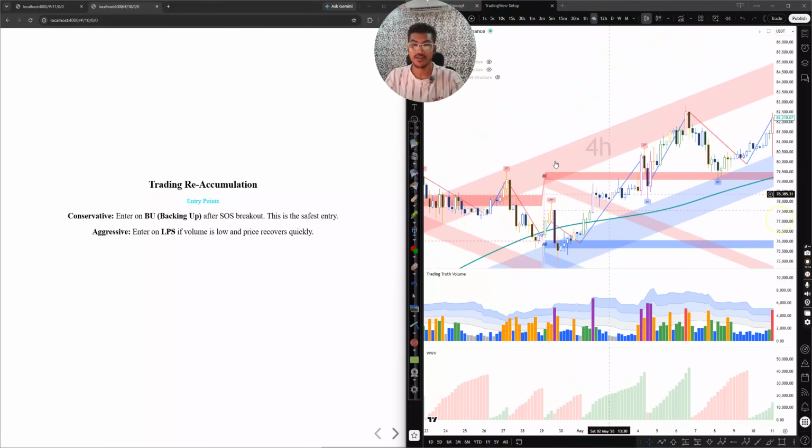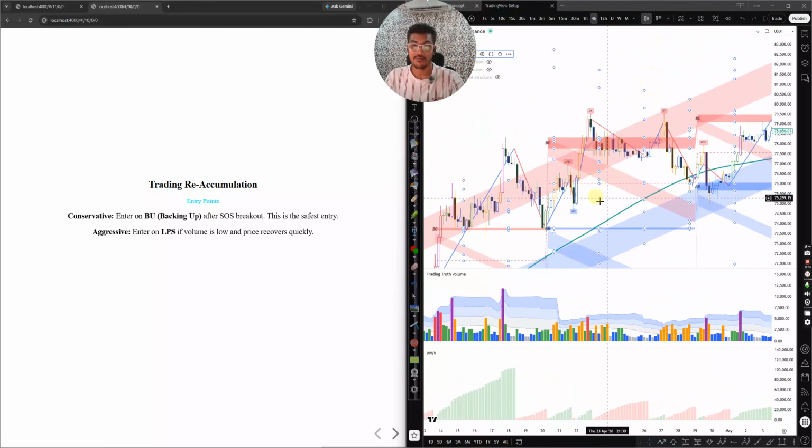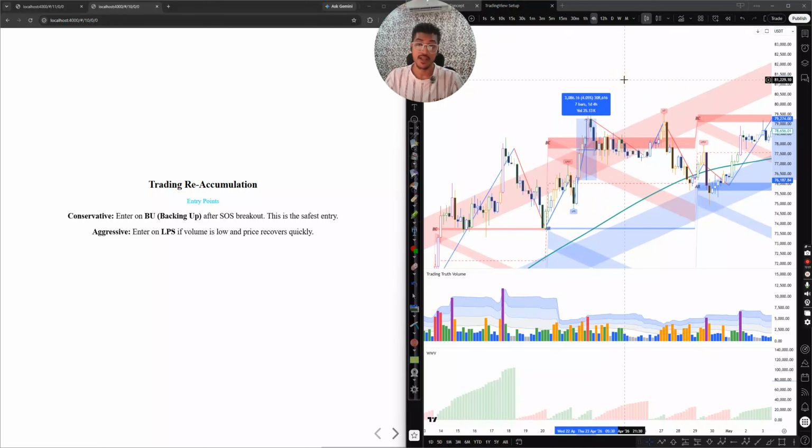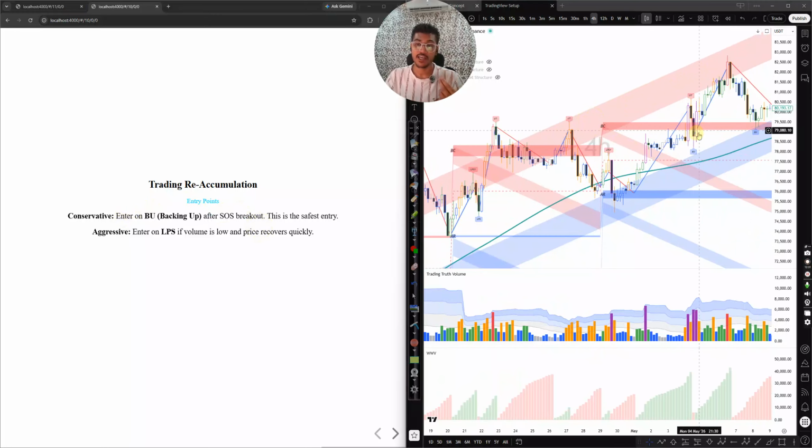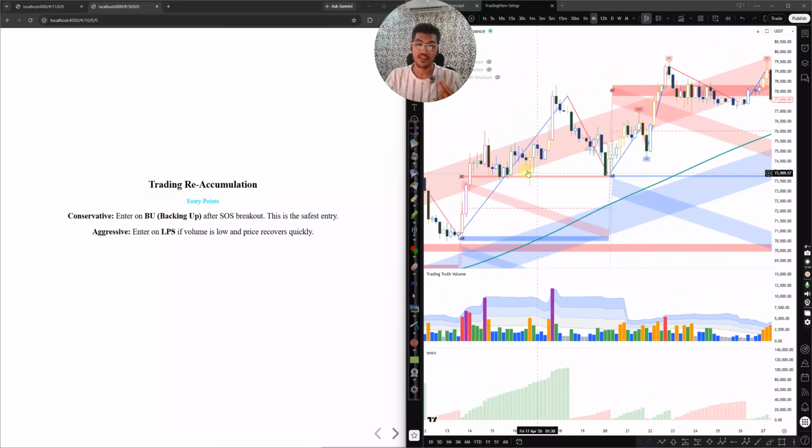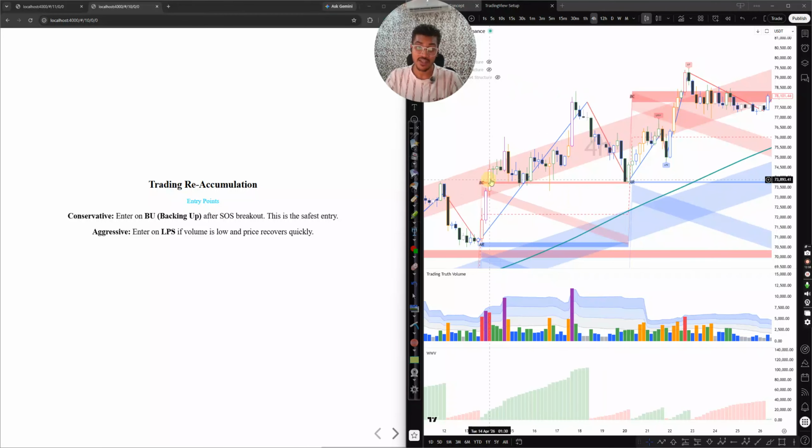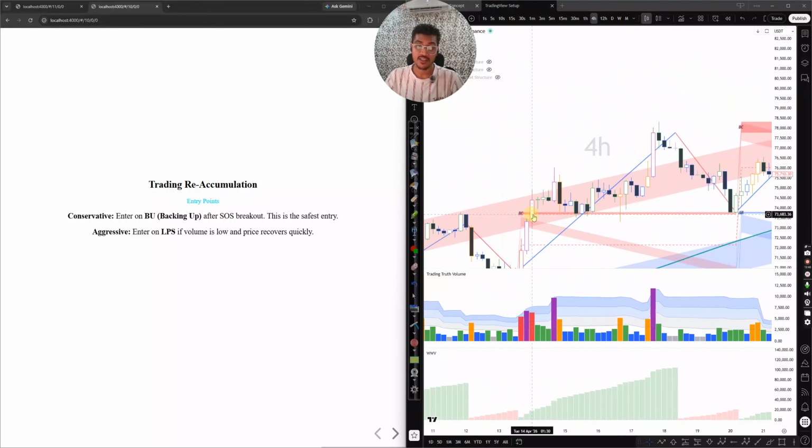We're not targeting 10% or something, right? 3%, 4% within one day is good enough. So the conservative entry for reaccumulation is on backing up action. You see, backing up action there. This is another backing up action, on an individual candle. After the sign of strength breakout, this is the safest entry point.